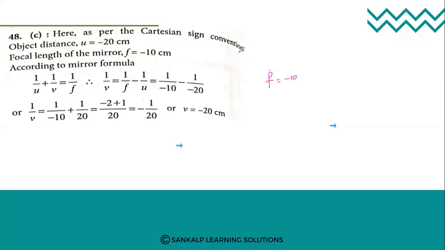Then next, we have the mirror formula. So substitute in the mirror formula. The mirror formula is given by 1 by U plus 1 by V is equal to 1 divided by F. So from this you can calculate easily the image distance V value. Okay.